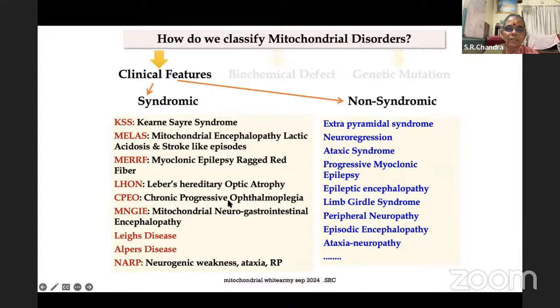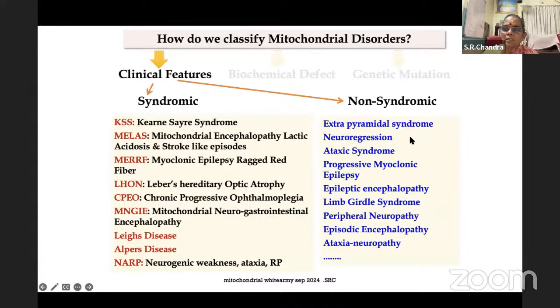And chronic external ophthalmoplegia. MNGIE, mitochondrial neurogastrointestinal encephalopathy. Leigh disease, that is encephalopathy of the young child. Alpers disease, where there is partial anencephaly, corpus callosum defect, abnormal ear development, and NARP, that is neurogenic weakness with ataxia and retinitis pigmentosa. These are named syndromes.